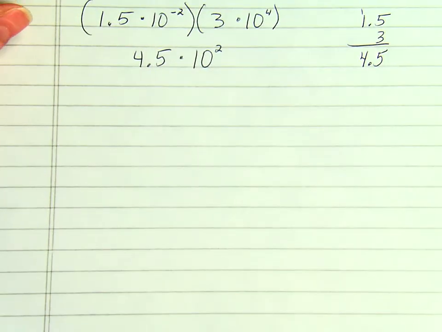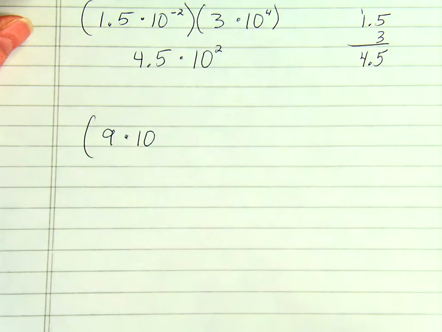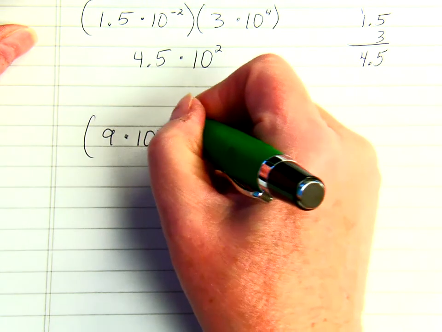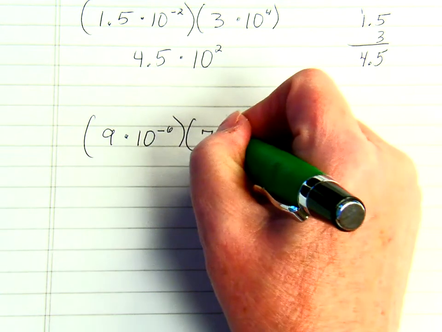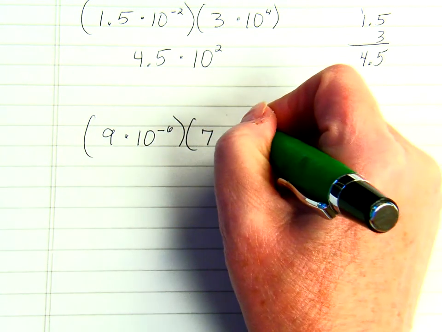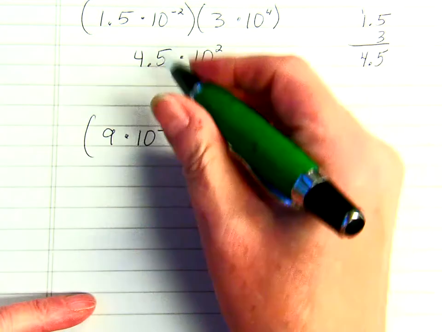Okay, let's do one last problem, and we've got 9 times 10 to the negative 6, and we're going to multiply that times 7 times 10 to the negative 9.